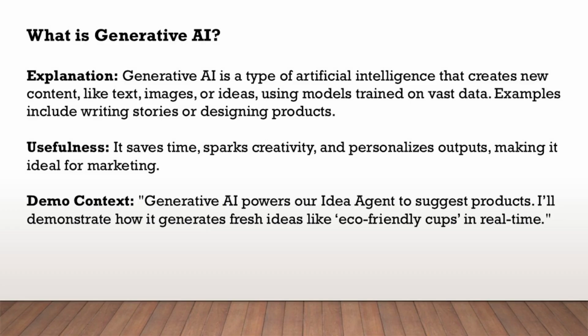Let me emphasize again, examples include writing stories and designing products. All this comes with the knowledge of generative AI. Usefulness: it saves time, sparks creativity, and personalizes output, making it ideal for marketing. Demo context: generative AI powers our idea agent to suggest products. I will demonstrate how it generates fresh ideas like eco-friendly cups in real time.